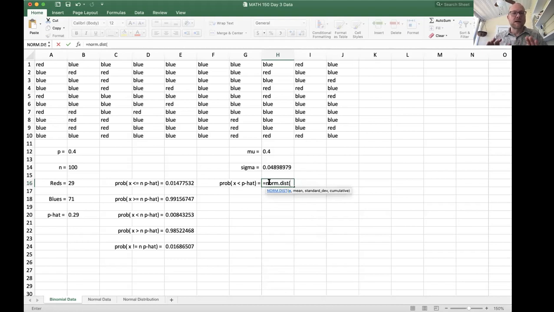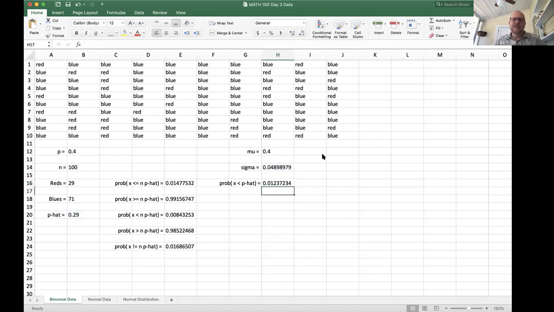But now when I use this, I can say the norm dist. So the probability that my x's that I'm thinking about are less than that p hat, given that the mean was actually this mu, and the standard deviation was this thing here, and we're going to go ahead and have that cumulative.